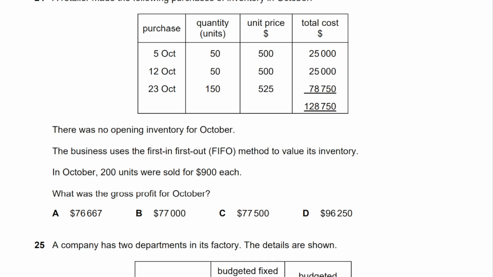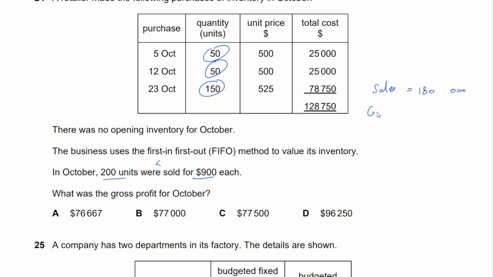All right. 200 units were sold for 900 each. What are the sales? 200 times 900. That's 180,000. 180K, that's the sales. Minus cost of sales, well, first in, first out, right? So the 200 sold will be coming out of this 50, 50, 100, and then 100 from here.